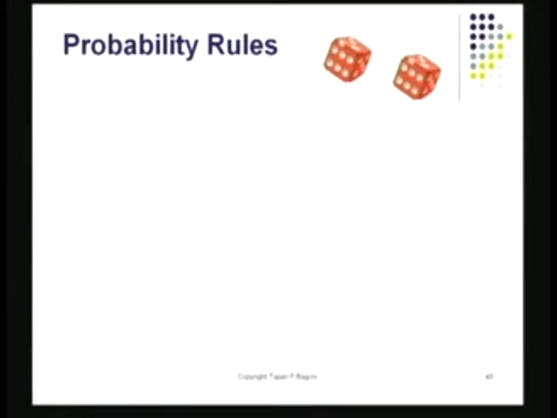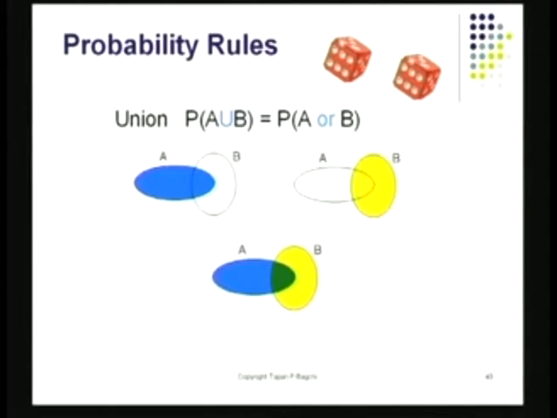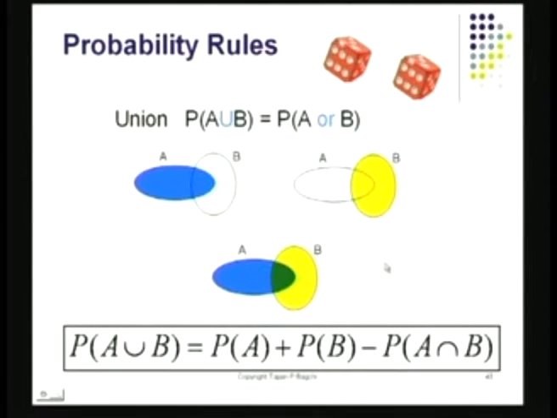If you look at my screen here, I have the union defined as I've defined here. The probability of A union B turns out to be any outcome that falls either in A or in B. If you look at the colored regions here, the blue and the yellow, everything that is either in blue or in yellow, or of course in both, has the property that it belongs to A union B. And you already know about the intersection, which is the green area right in the middle.